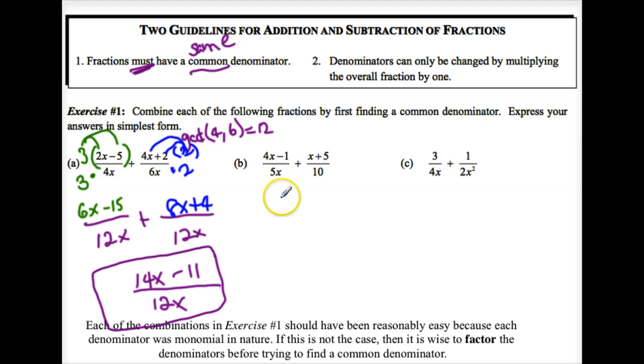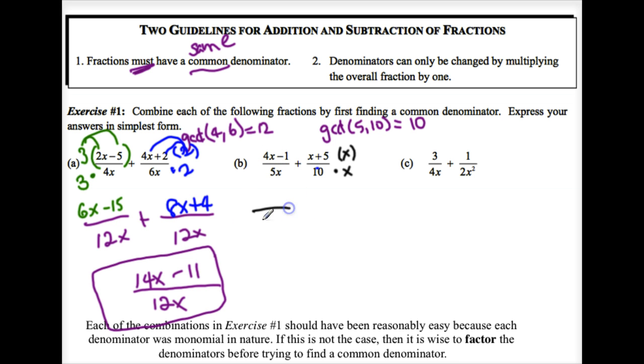Now let's look at this one here. 5x and 10. We know that the GCD of 5 and 10 is 10. But notice that this one has an x, and this one has an x. So I need to make this have an x as well. So to get from 10, I'm going to multiply this by x and multiply the top by x.